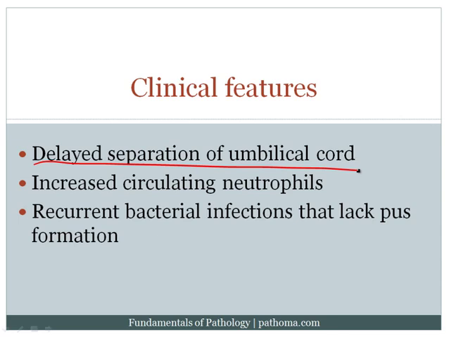And what helps it to fall off is the neutrophils come in and they actually destroy the tissue, and that then allows for separation of the umbilical cord. However, if the neutrophils can't come in, that separation of that necrotic umbilical cord from the baby's abdomen or skin will actually be delayed. And so that's the key clinical feature, and it ties into so many of the principles that we've already been speaking about.